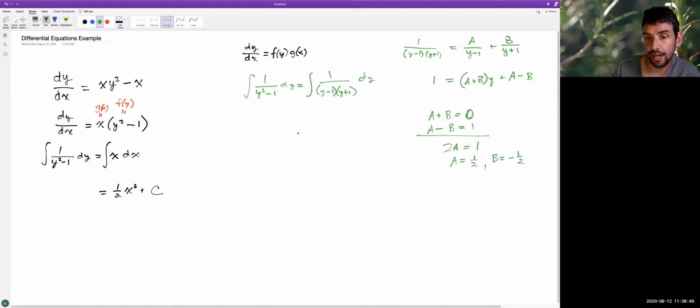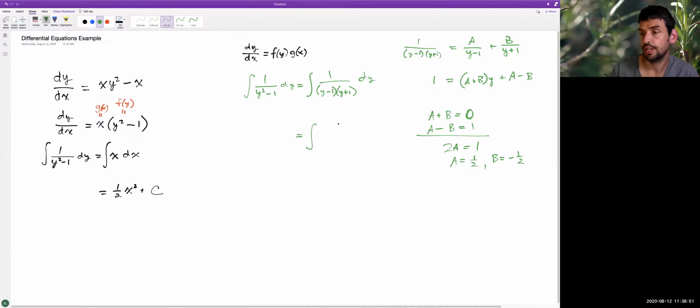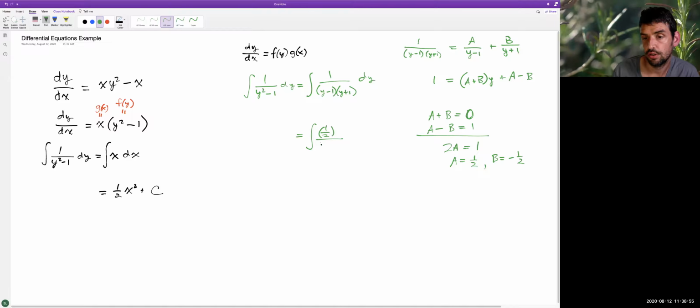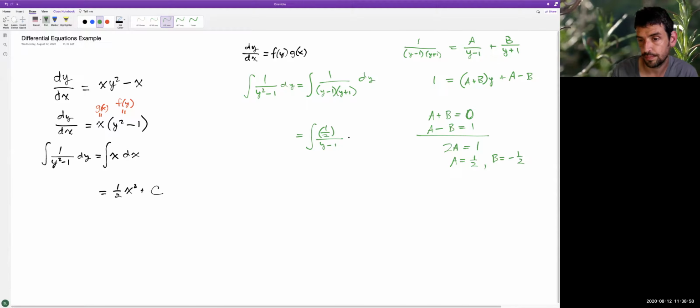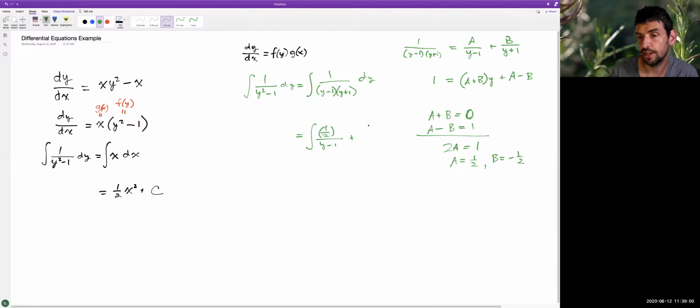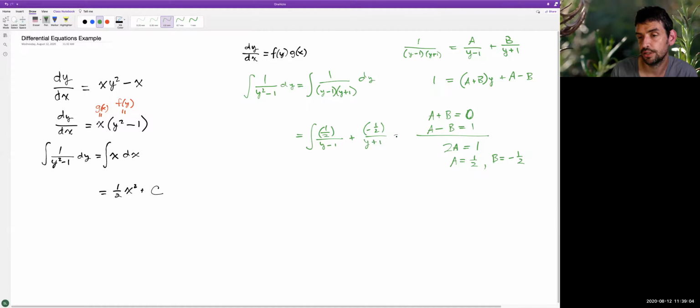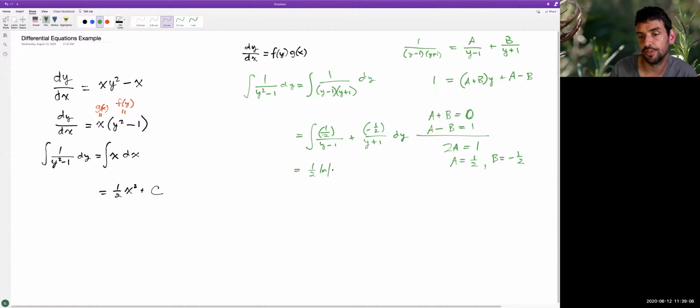Which means I can rewrite this integral as the integral of 1/2 over y minus 1 plus -1/2 over y plus 1 dy. And these two integrals, these two antiderivatives, are easy enough to take.